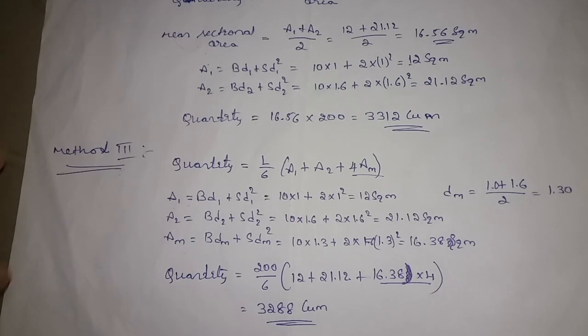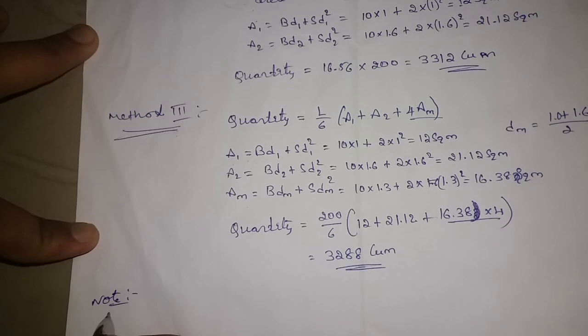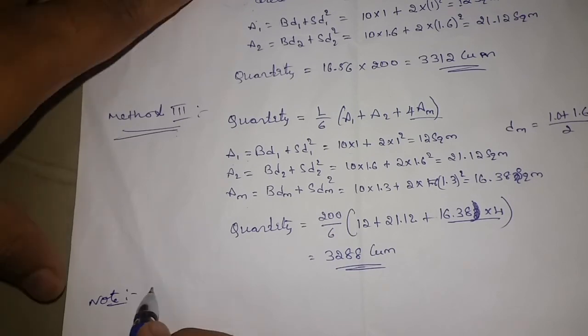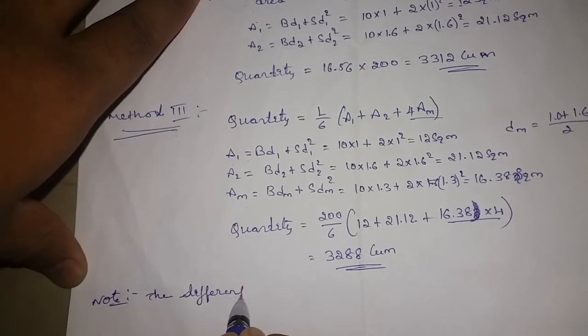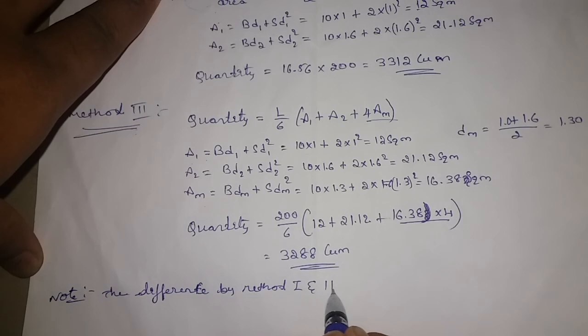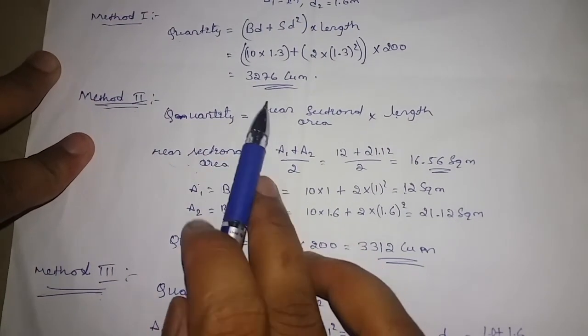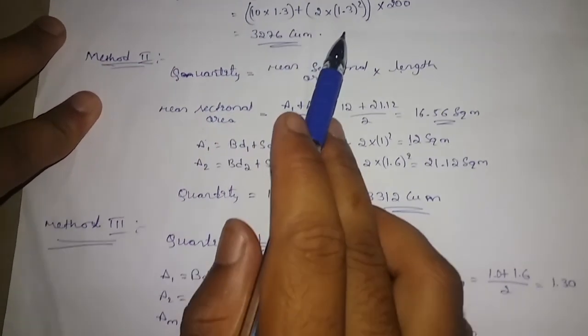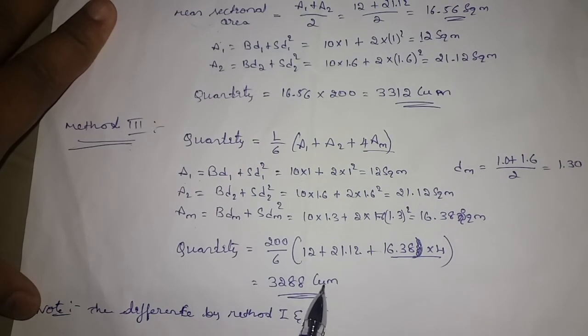So what we need to note here is the difference. For the same given data we are getting a difference in value, right? So the difference between method 1 and method 3: method number 1 gave 3276 cubic meter, and method number 3 gave 3288, right?